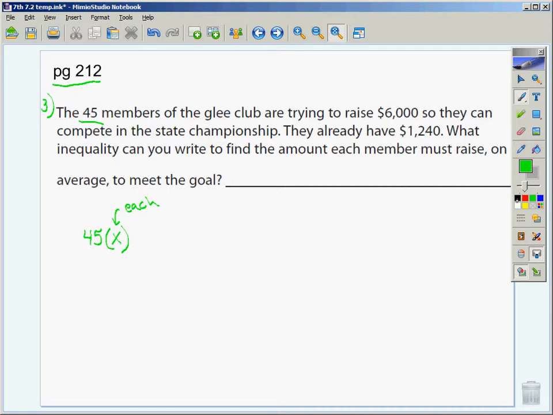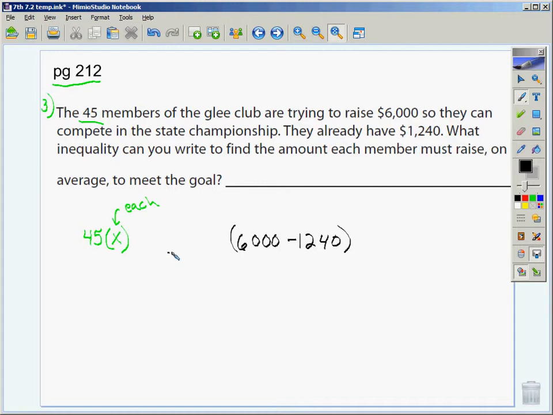When you're writing inequalities, one of the easiest things to ask yourself is, can the amount be equal? So, I know that they still need to raise whatever 6,000 minus 1,240 is. Can it be equal to that amount?